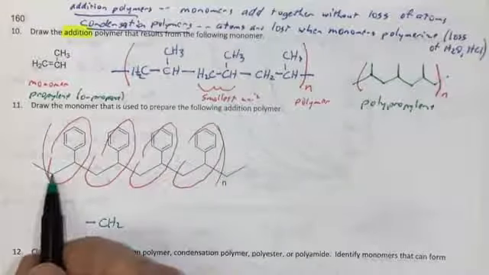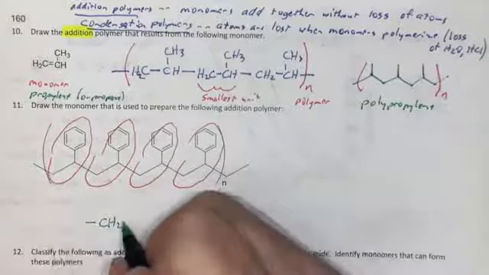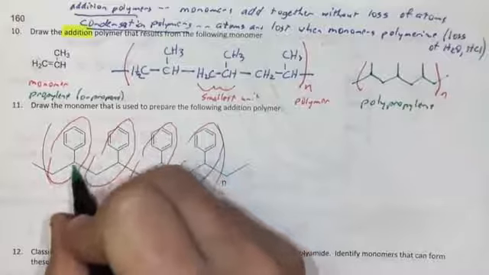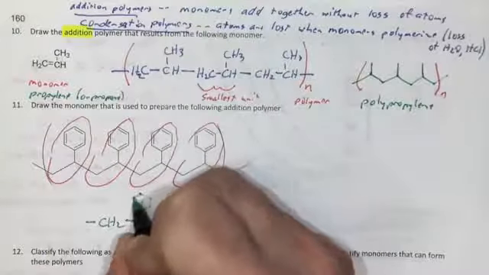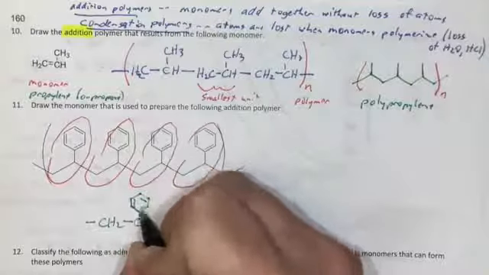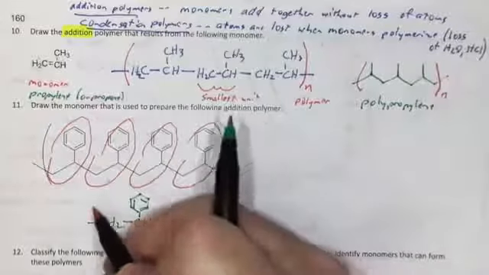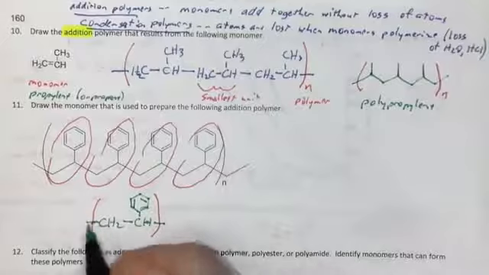Why is it a CH2? Well, on this carbon I see two of the bonds, so there must be two hydrogens, a CH2. Then this single bond to a CH, because there's three bonds here, there must be a hydrogen, attached to a benzene ring. That six-membered ring with alternating single and double bonds is a benzene ring attached to something else. So this is the individual unit in the polymer.